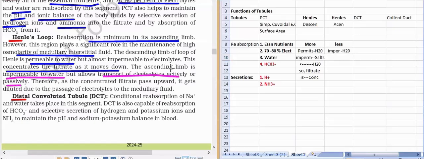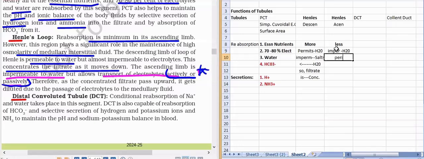That you should remember, it's an important part. Actively or passively, it's important. Now let's come back. So what is it saying? It permits salts.